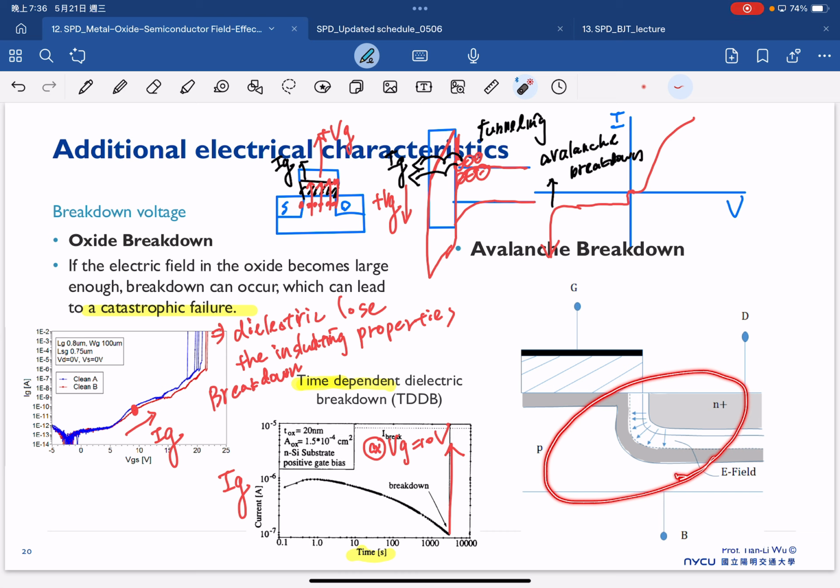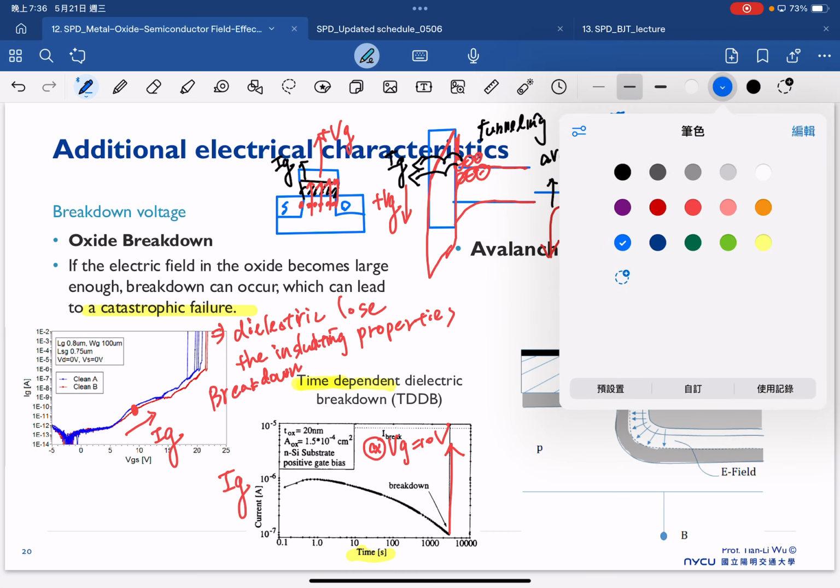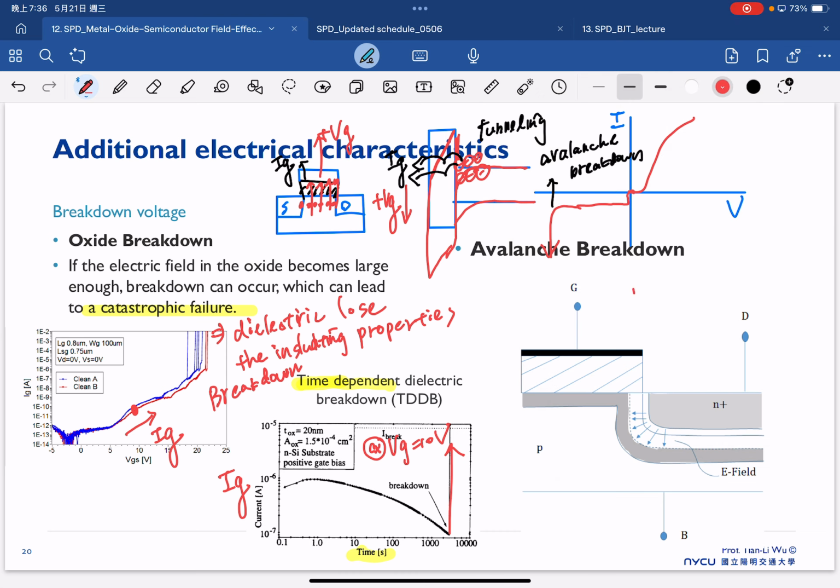That means this junction can also suffer avalanche breakdown. The only difference here is that we bias the VDS. So if VDS is large enough, we also start to face the issue of avalanche breakdown.